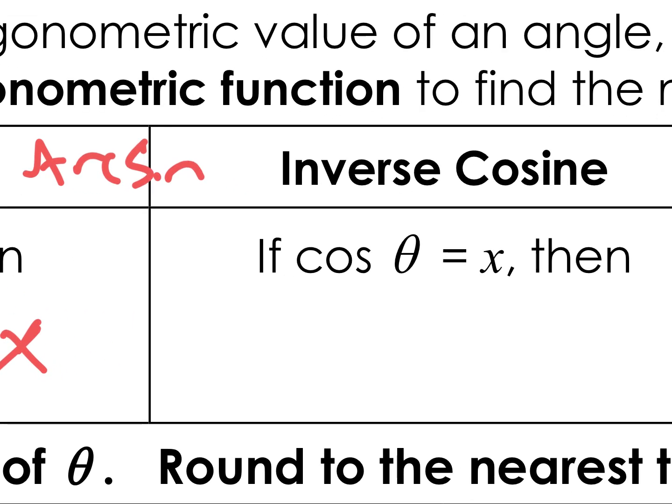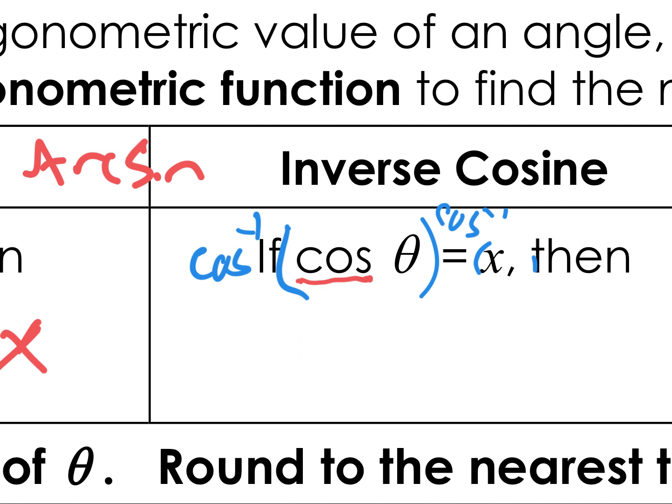If cosine of theta is equal to x, and I say to myself, I need theta by itself, I've got to try to find a way to cancel cosine. So what I do, both sides, I take the inverse cosine, including this side. And the beauty of this, guys, and I won't do this every time, I'm just doing this once or twice to tell you that I'm canceling out cosine, because it's like canceling out a square root.